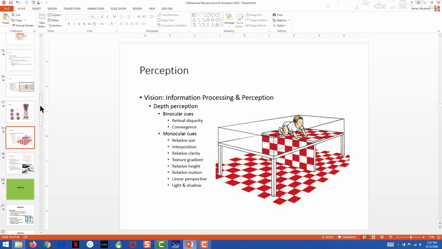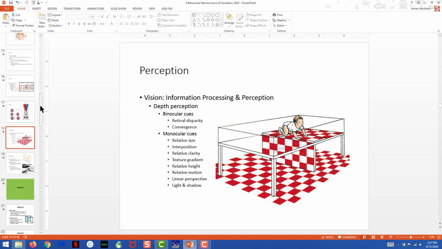And so if you were to take a muscle relaxant and put it on a person's eye so that they could not rotate their eyes very well, they would actually lose some of their depth perception because they would not have that additional stimulus being sent back to the occipital lobe, helping determine whether or not an object was close or far away.